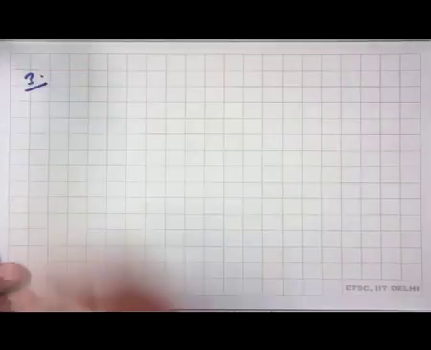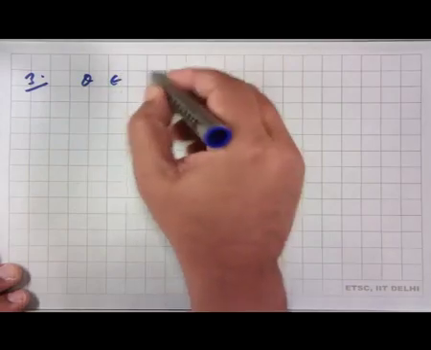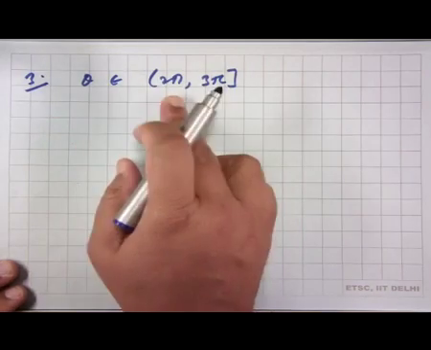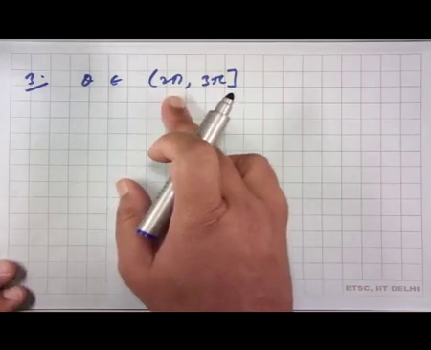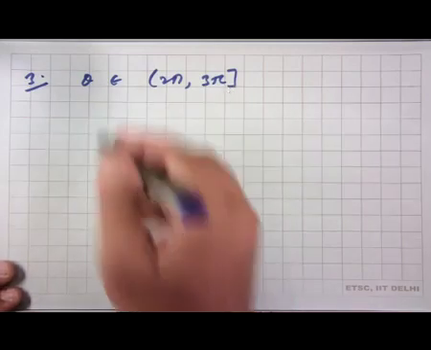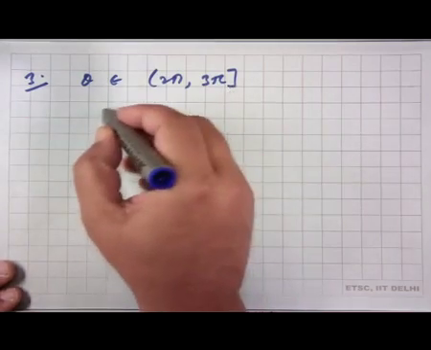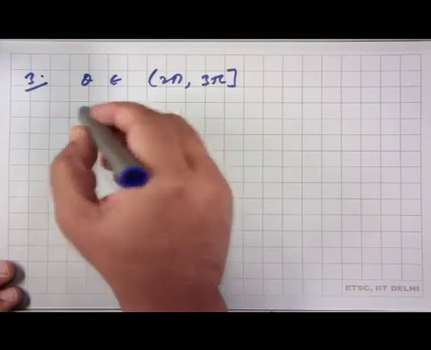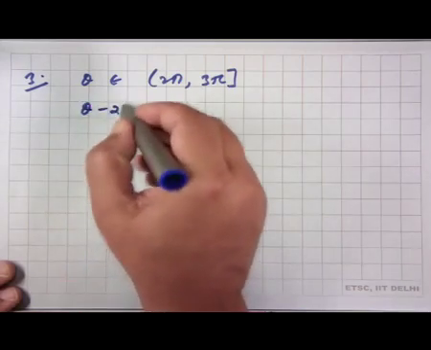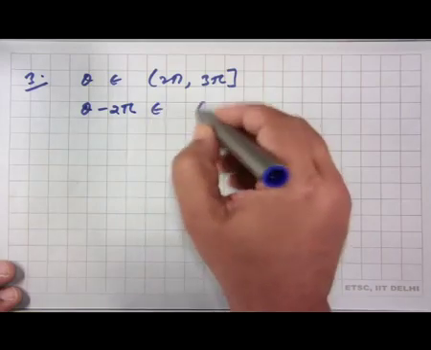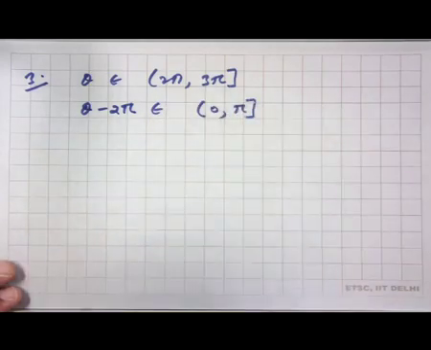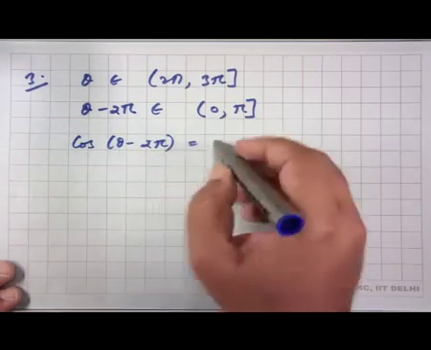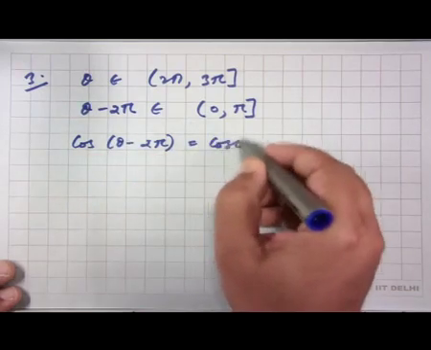Similarly, for the third case where theta belongs to 2 pi to 3 pi, again cos inverse of cos theta will not be equal to theta. In fact, we can show that when theta belongs to 2 pi to 3 pi, theta minus 2 pi will belong to the interval 0 to pi, and cos of theta minus 2 pi is equal to cos theta.